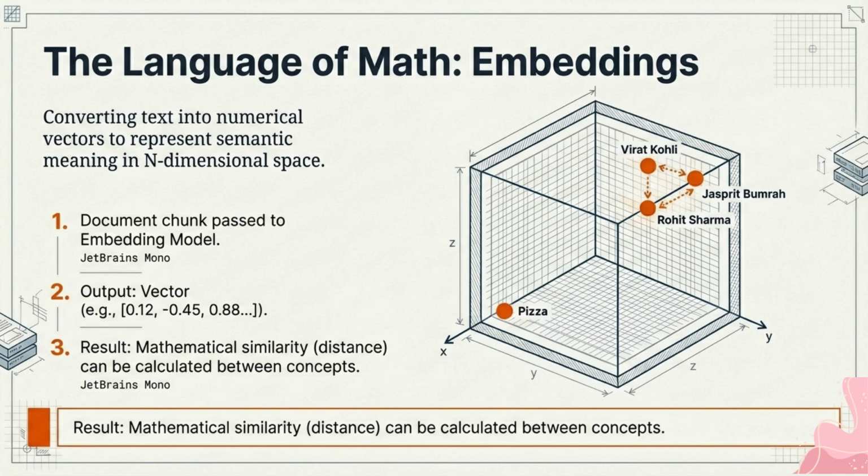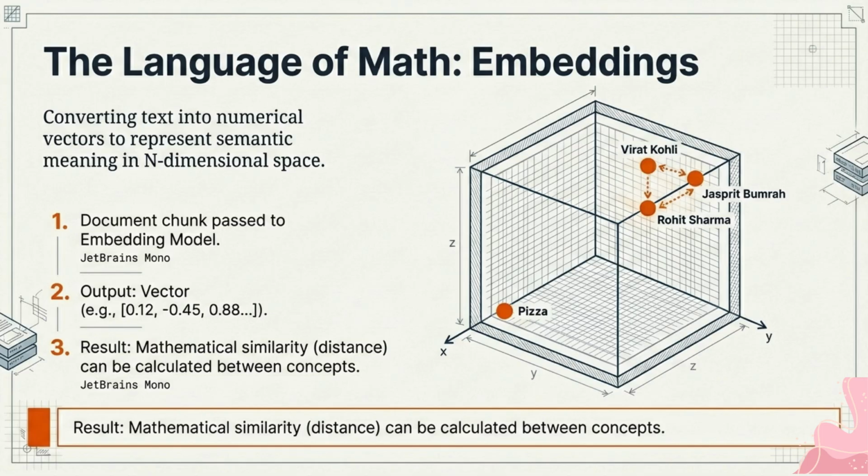Output is a vector, a list of numbers like 0.12, -0.45, 0.88. Could be 768 dimensions, 1536 dimensions. Step 3. Things that mean similar things have vectors that are close together.